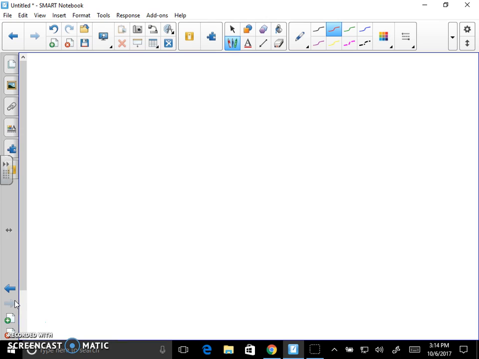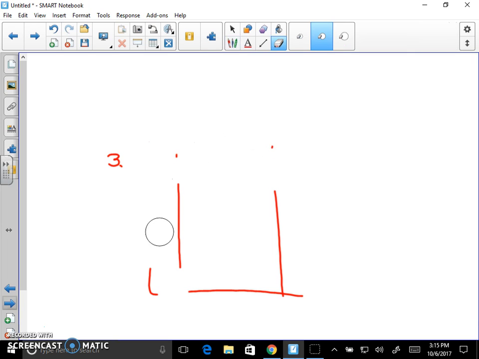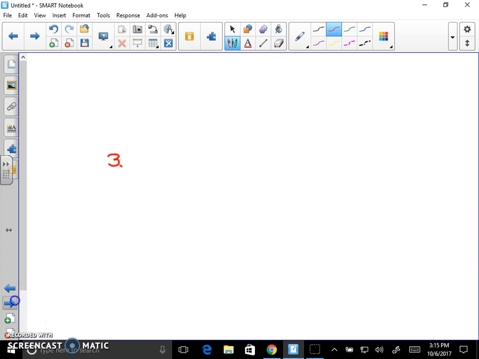The next one, if you remember the video that we did before, it says shade in a representation of the perfect square 16. Well, if it's a perfect square 16, you should have shaded a 4 by 4, which gives you 16. So I'm not going to draw the full square, but I'm going to try to make it a 4 by 4.